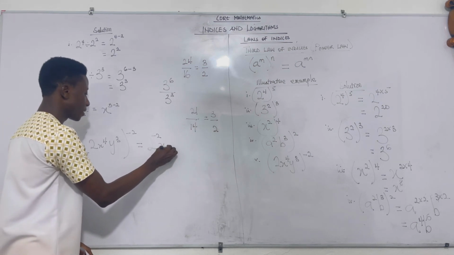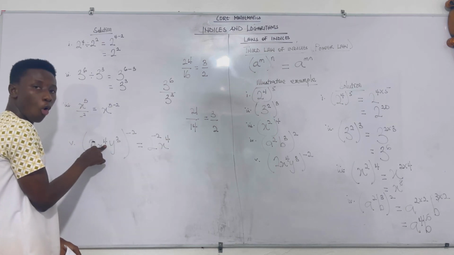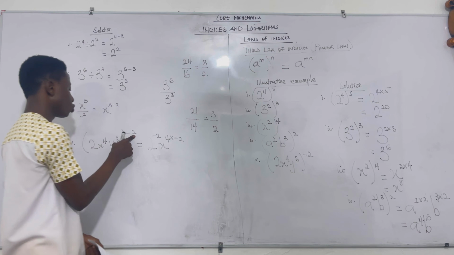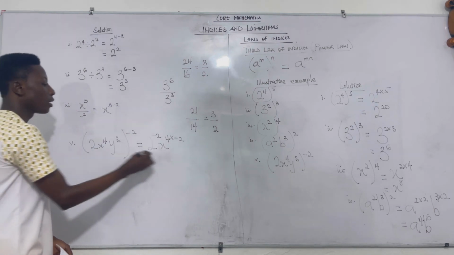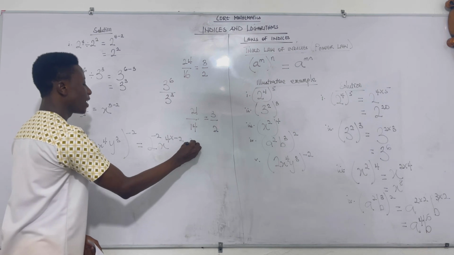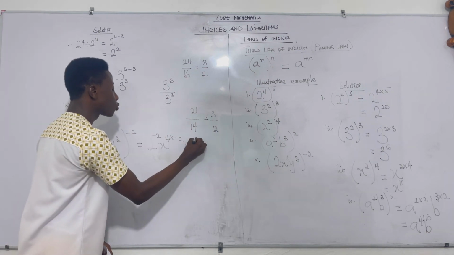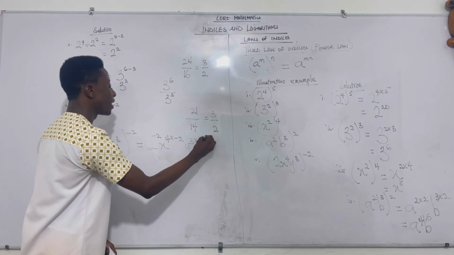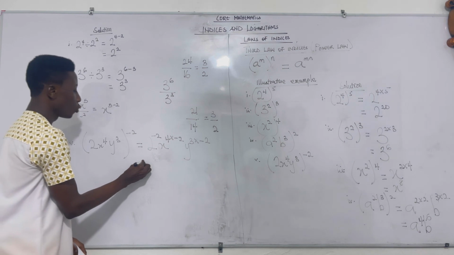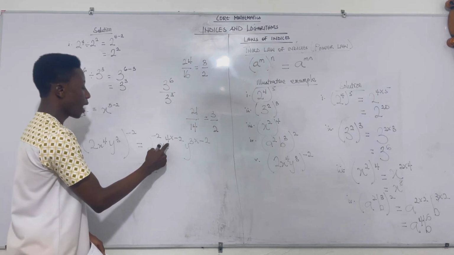Let's move to the x. X will be affected. Already it's raised to the power of 4. When it's being affected, it would have to multiply the minus 2. Y. Y is raised to an index of 3. It will be affected. It must multiply the negative 2. So you would have 2 exponent negative 2 here.